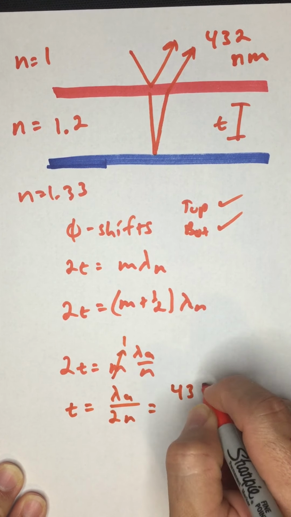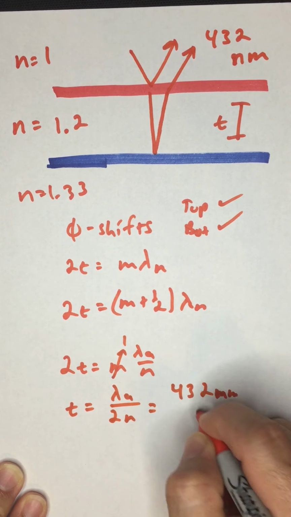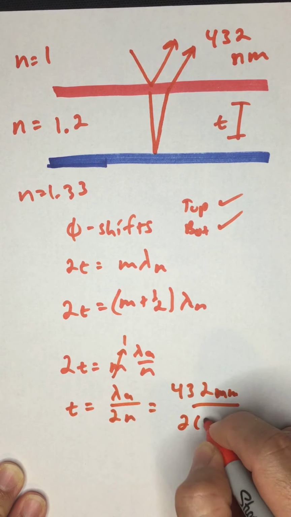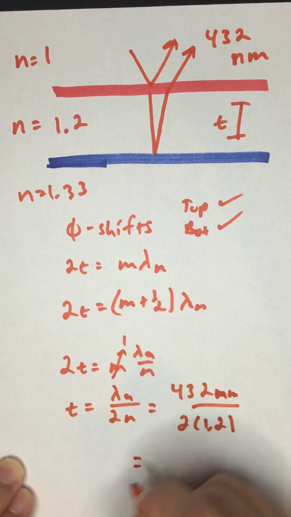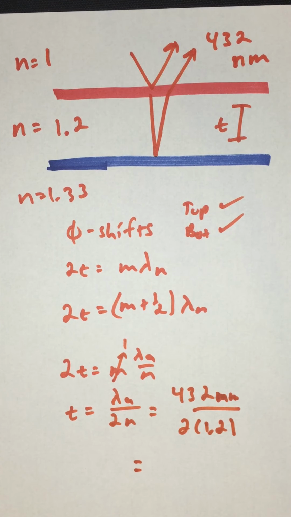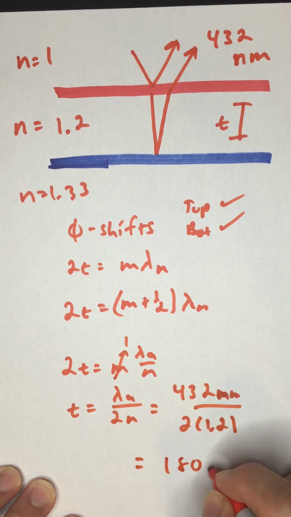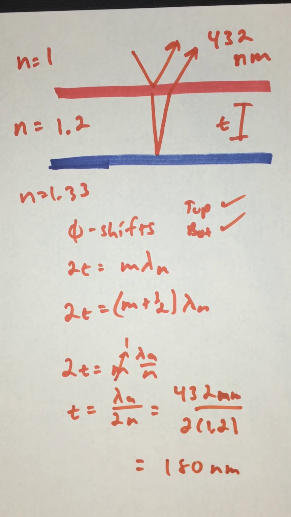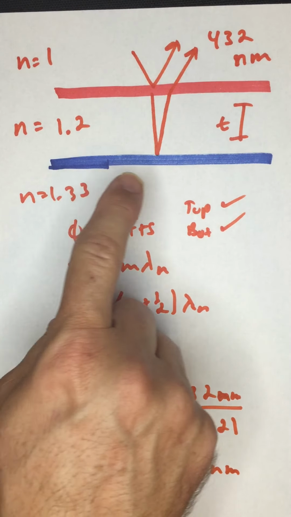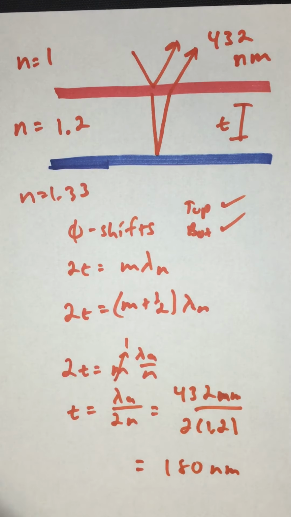That's equal to 432 nanometers over 2 times 1.2. And if I do that, I get 180 nanometers.